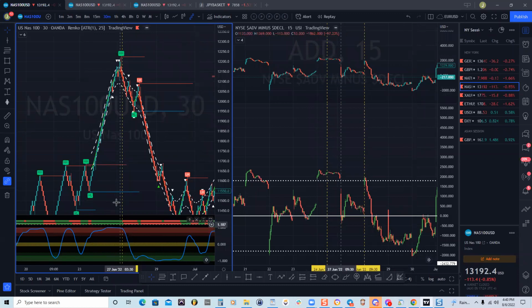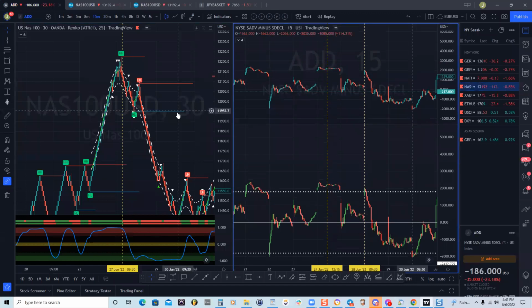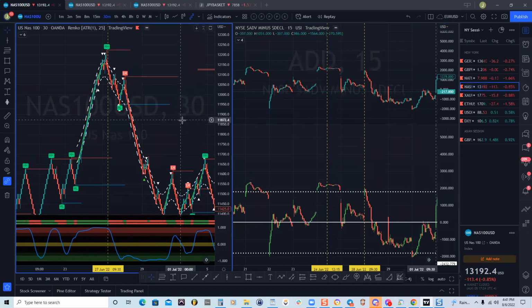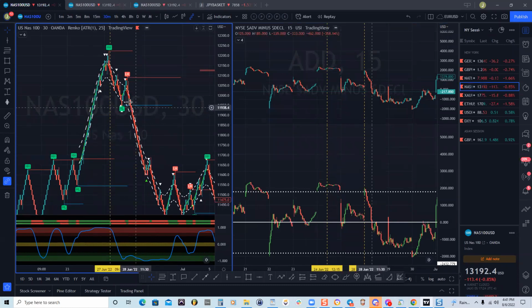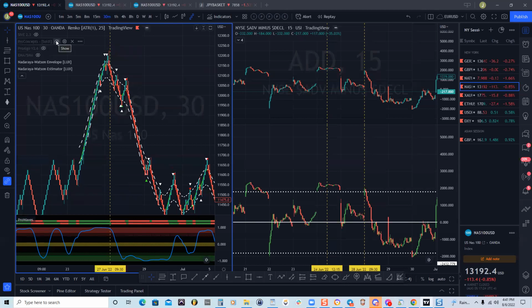So if you're going to do a 15-minute time frame and use ADD, then you use this correlation with price action. If you don't use anything else, you can use the Renko here, and you can see, if I take the indicators off, all my pro algos are off, and you just have the regular Renko.